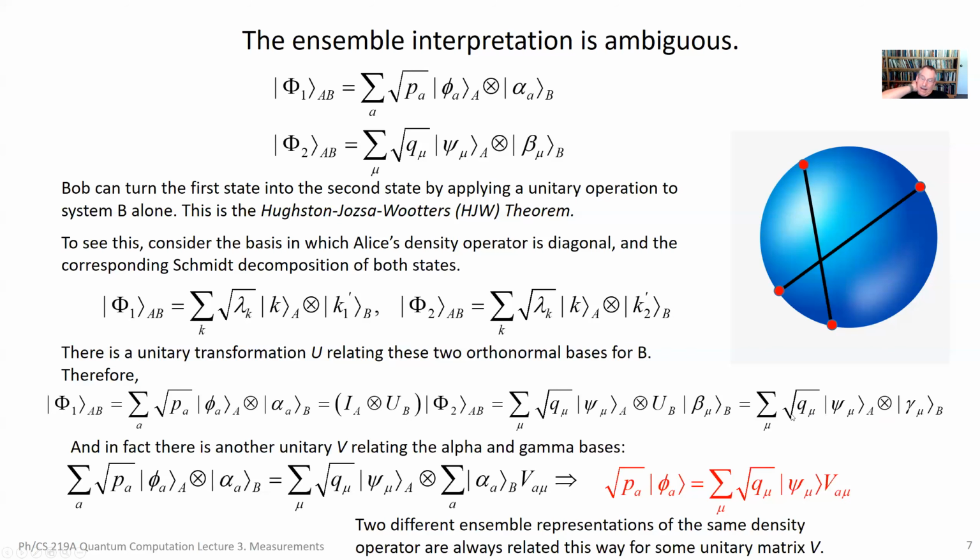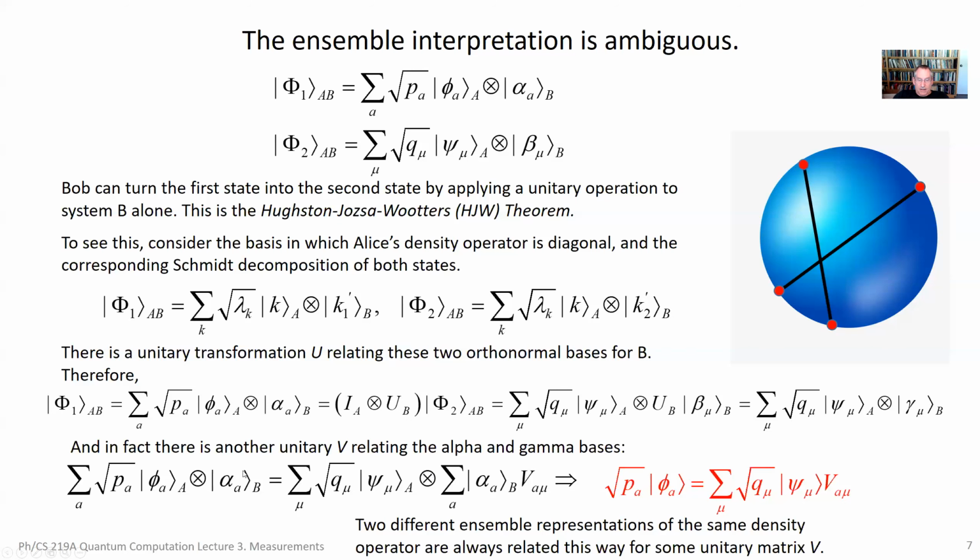Okay? And in fact, I could always take this gamma basis and I could re-express it in terms of the alpha basis by performing some unitary change of basis. So I can take this expression, which is just a way of writing phi1, and then use the expansion of the gamma mu's in terms of the alpha a's, and that's some other unitary operator, and I can think of it as a matrix with matrix elements VA mu.